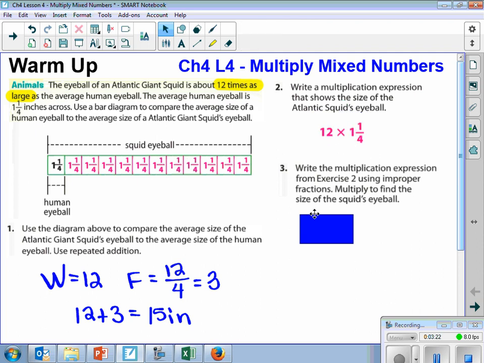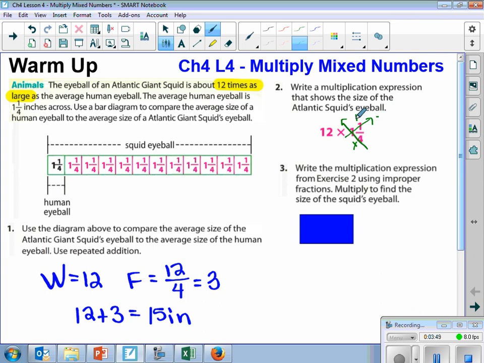Now, we want to write this multiplication equation using improper fractions. So you guys remember how to make improper fractions? Let's review that. We're going to go this way. And what do I do in that direction? 4 times 1, right? And then what do I do in this direction? Very good.